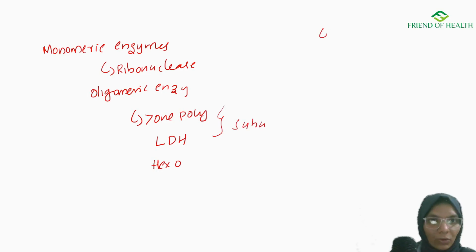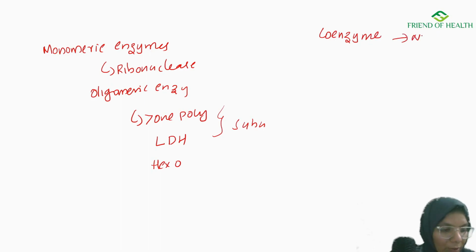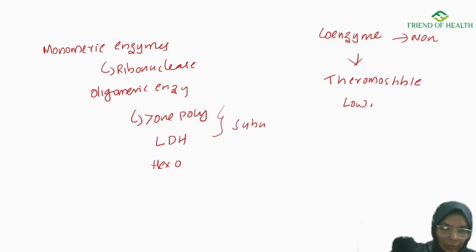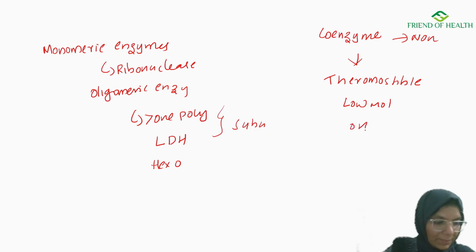Now you have something called a coenzyme. I told you a coenzyme is the non-protein part of a certain enzyme. Some enzymes require a specific thermostable, low molecular weight, non-protein organic substance. A coenzyme binds covalently or non-covalently to an apoenzyme.